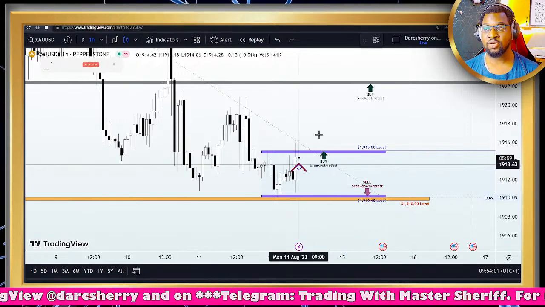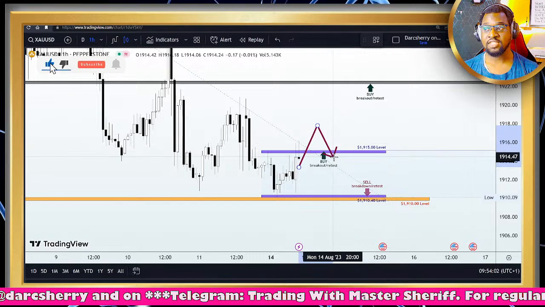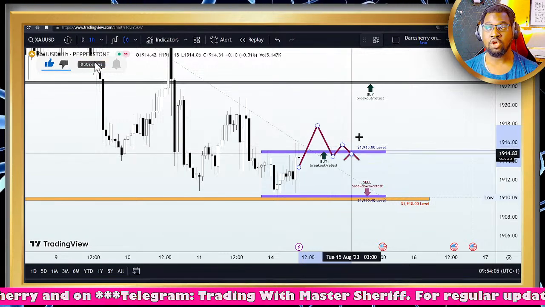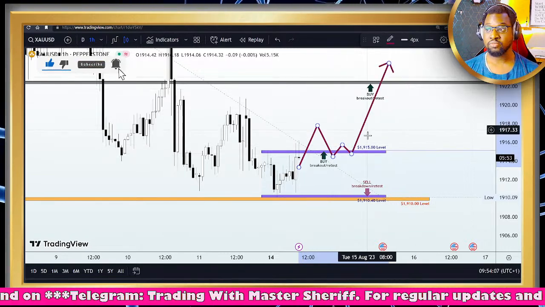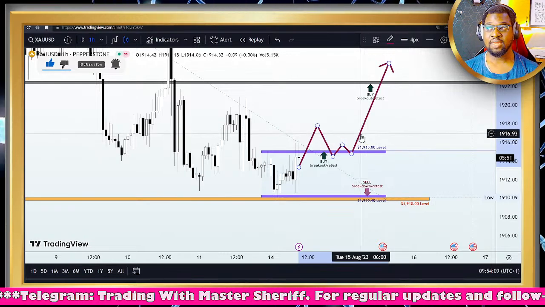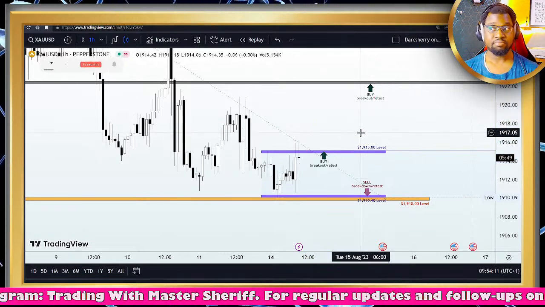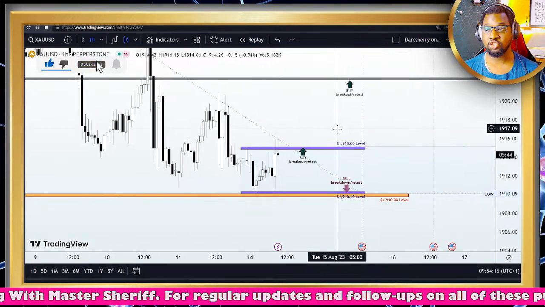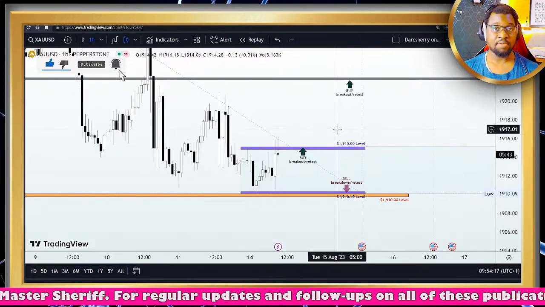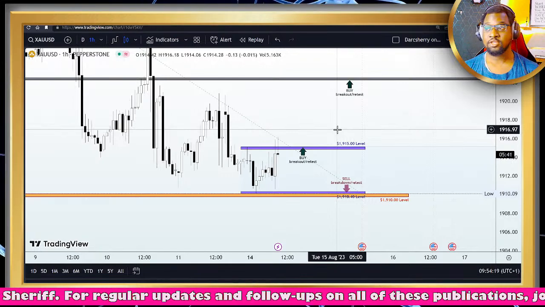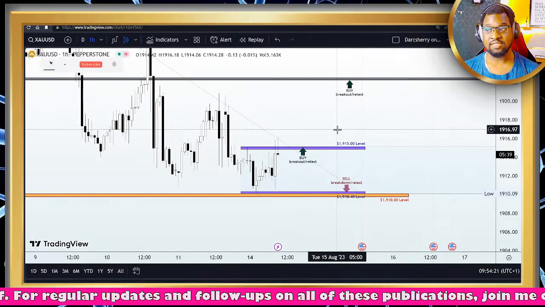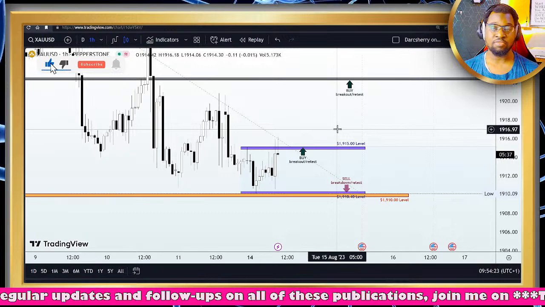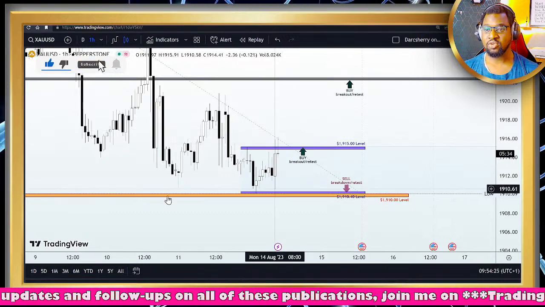Then at this point in time, I want to feel comfortable at a retest of structure on the lower time frame to join a bullish momentum. And if you can afford to risk and just take advantage of the breakout of that structure, that is, if you have been profitable, if your portfolio on the XAUUSD is on the positive side, well, you can have your buy stop above that area to capitalize on that move.